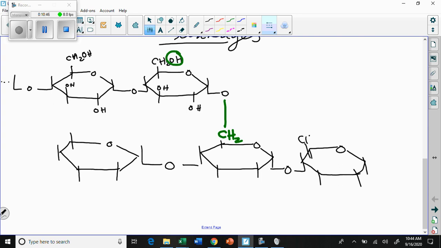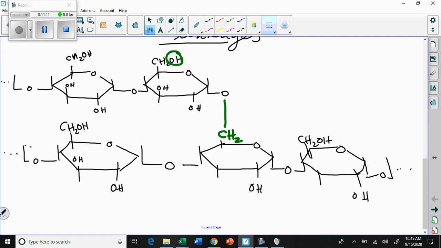All right, so CH2OH up there. CH2OH up there. OH is all around. We'll put this one as a dot, dot, dot. We'll put this one on the other end as a dot, dot, dot. And there you go. So it's just a whole bunch of these.